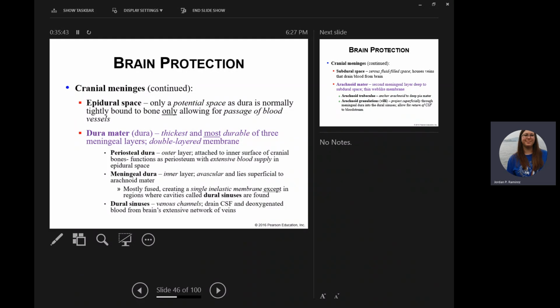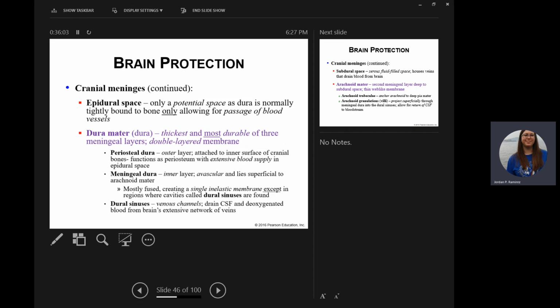All right, so the dura mater, or the dura, is the thickest and most durable of the three meningeal layers. It is a double-layered membrane. So you have the periosteal dura and the meningeal dura. The periosteal dura is the outer layer, is attached to the inner surface of the cranial bones, and it functions as a periosteum with extensive blood supply in the epidural space.